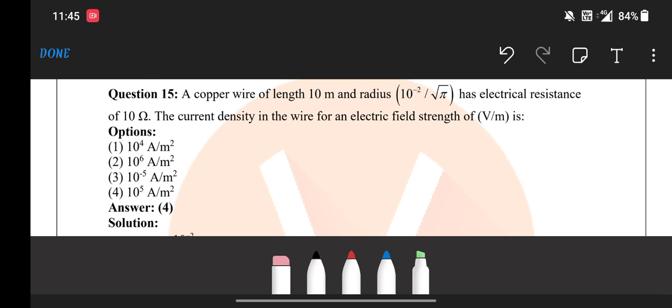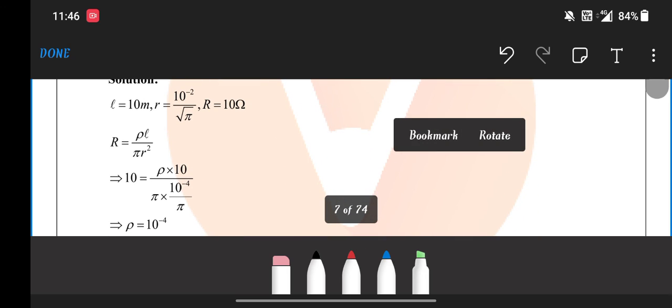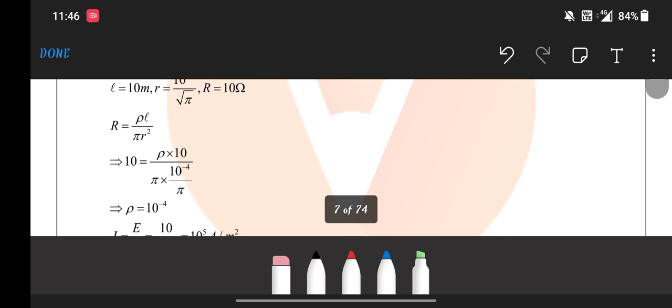The options are 10 to the power 4, 10 to the power 6, 10 to the power minus 5, or 10 to the power 5. So length is equal to 10 meter, radius is equal to 10 to the power minus 2 by root pi, then R is equal to 10. R is equal to rho into l by pi r square.